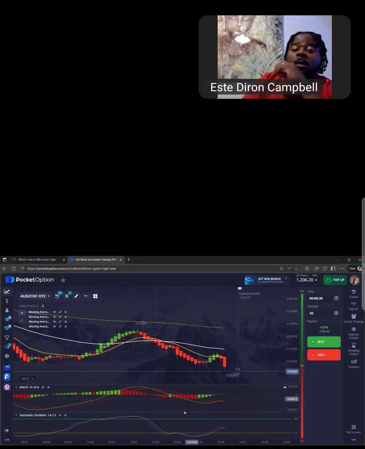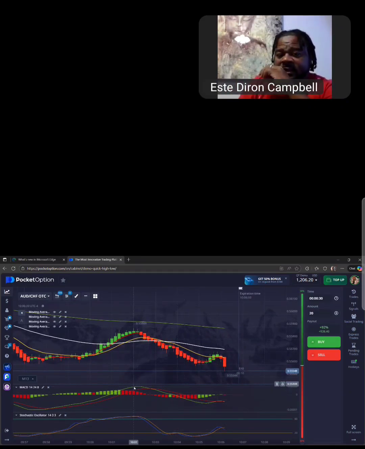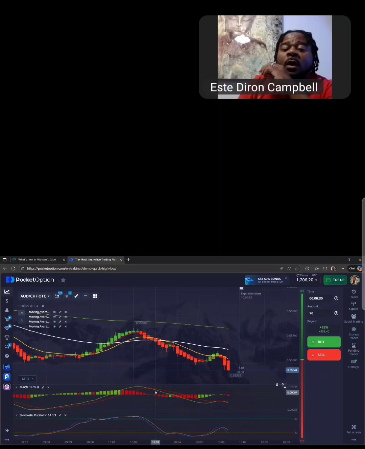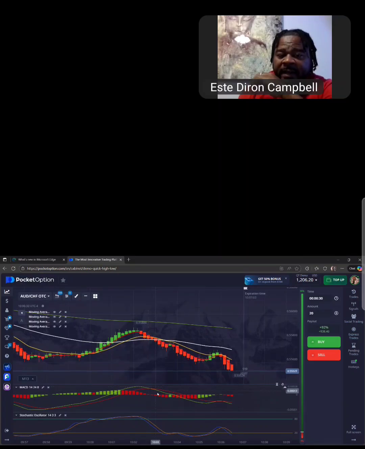So the rule of thumb, in order for the execution of the trade, is that the MACD has to cross the red.